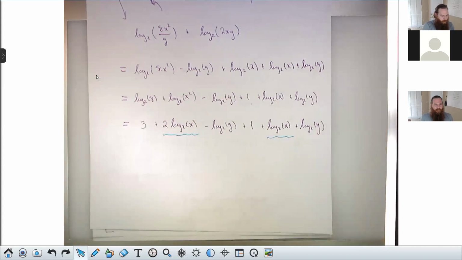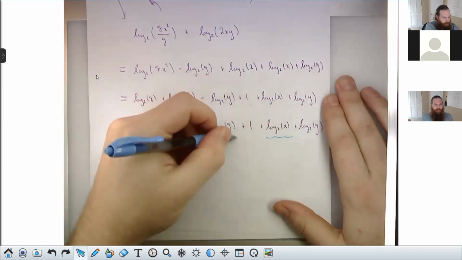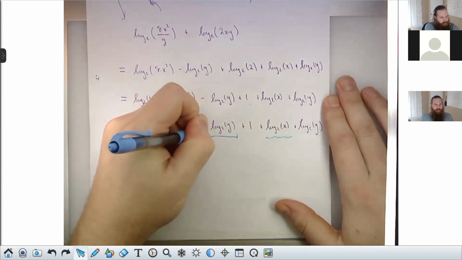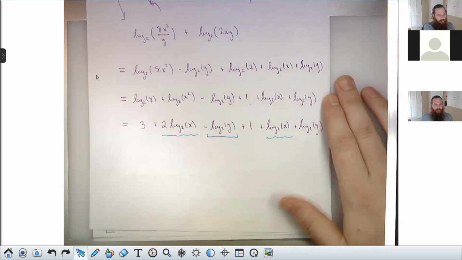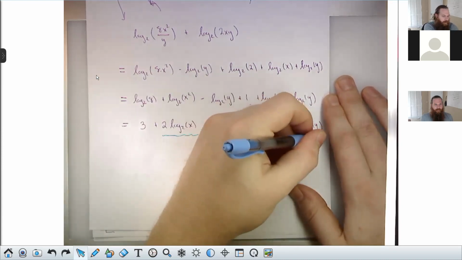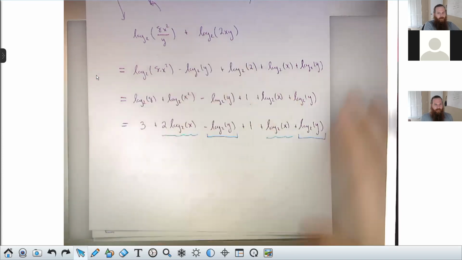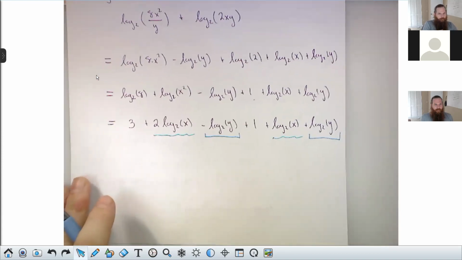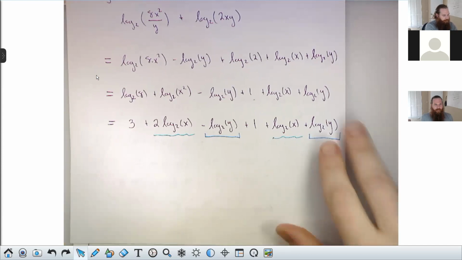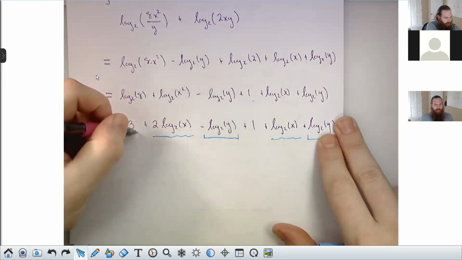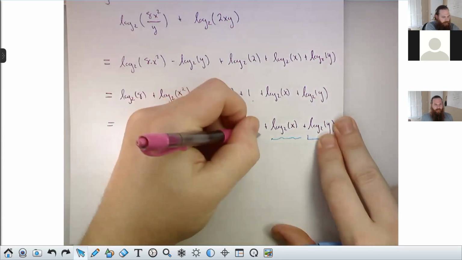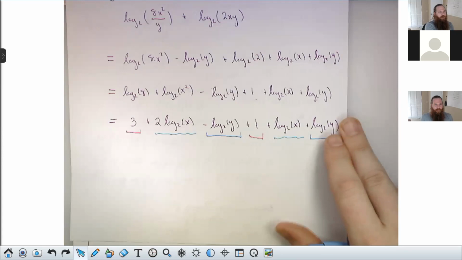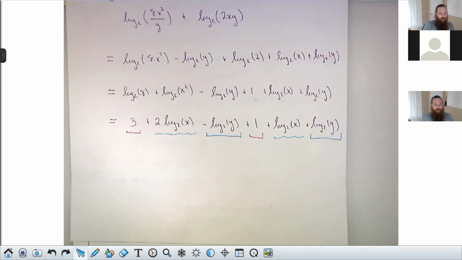And then if we're looking at the y's, I've got 1 copy of the base 2 log of y, and it's negative. And here I've got 1 copy of the base 2 log of y, and that's positive. And if we're really being fun about it, I have a constant here and a constant here that can be combined as well. Yeah, good.